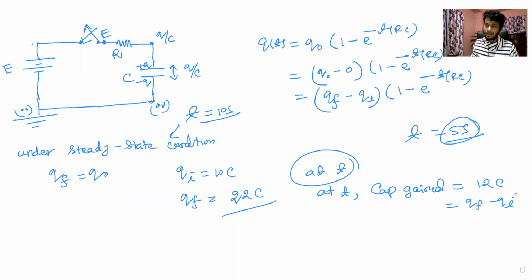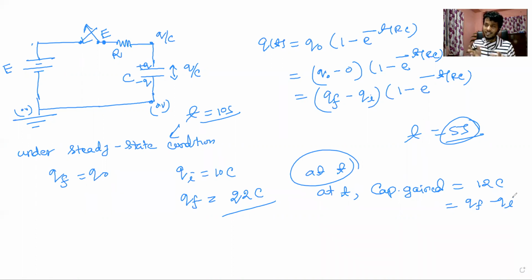Now let me ask you a question. At time t, what will be the total charge on this capacitor? 22 coulomb. It is the initial charge plus the gained charge.